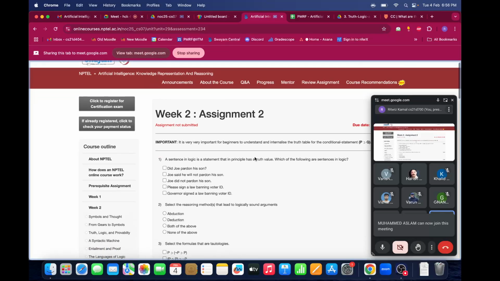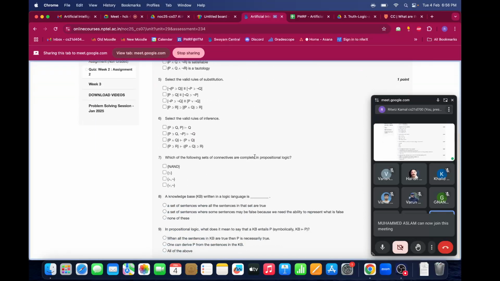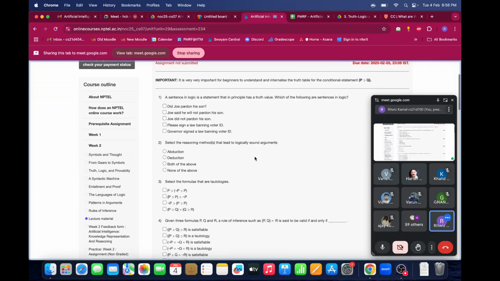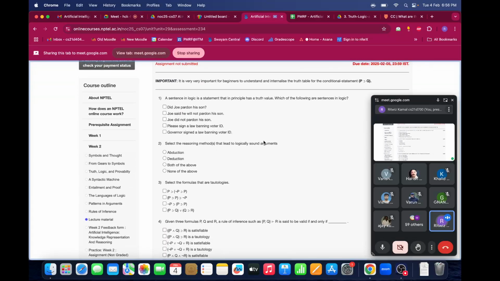But I would encourage you to follow the phrase logically sound arguments. That's not exactly a hint, it's just restating the question. Also refer back to the lecture slides to see if this phrase has been mentioned somewhere, in which case you will have a go-to answer directly.